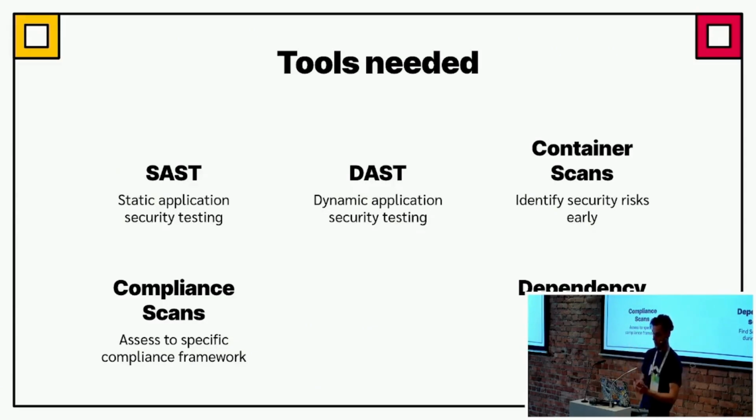Also, we have compliance scans that are getting more and more interesting because we are in the European Union and we are the best with compliances and with laws and with creating stuff. This is something that can be automated in some kind of way. It also needs to be taken care of: what compliances does your company put in?